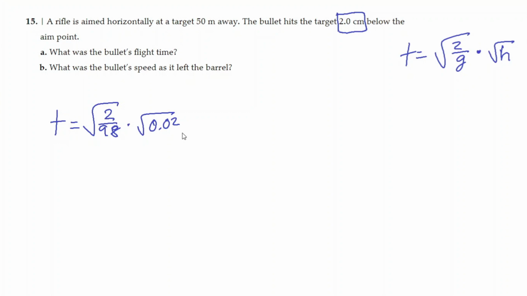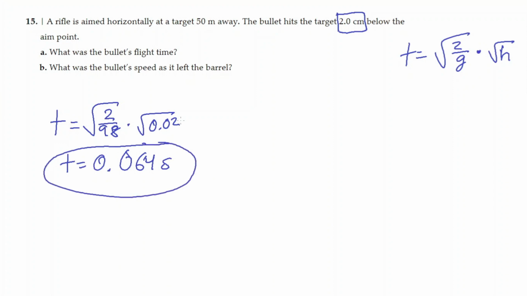So if we do the square root of 2 over 9.8 times 0.02, we would get t is equal to 0.064, which is going to be in seconds, and is going to be our bullet's flight time. That's how long the bullet took to hit the target. So we didn't need to use the 50 meters at all for that part, but we will for this next part.